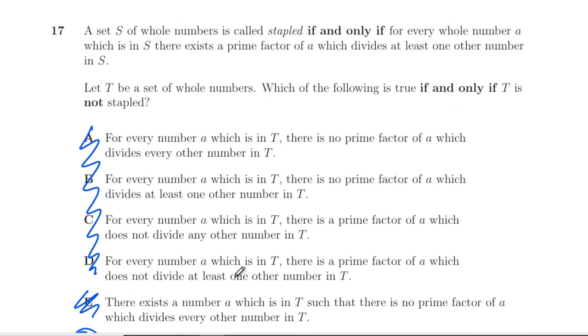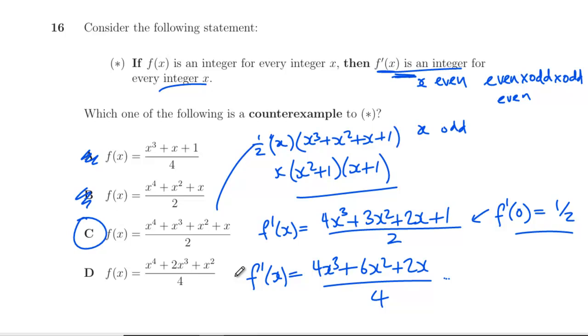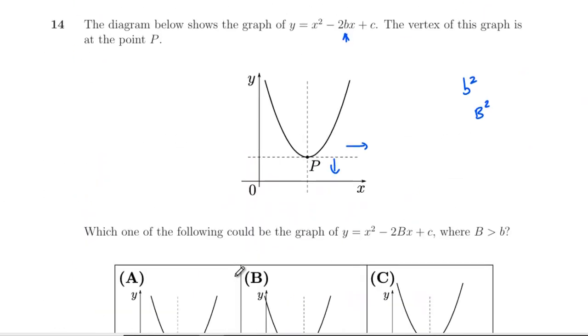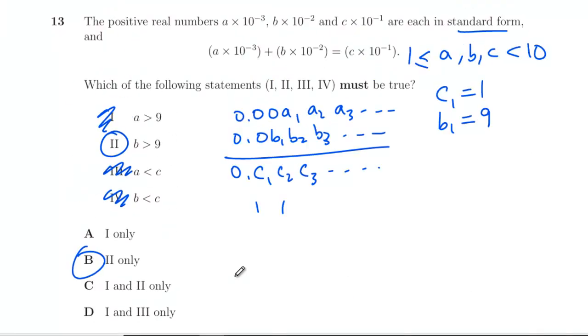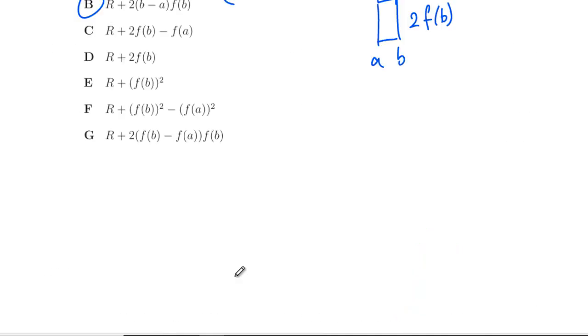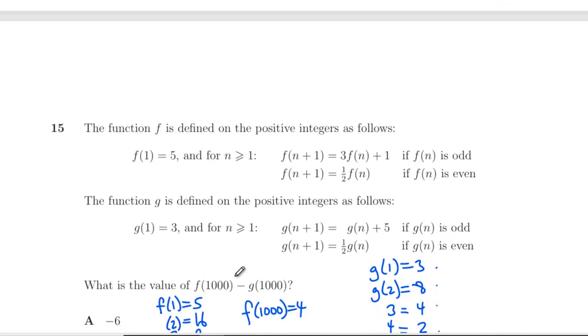The stapled took a bit of unraveling. Then 16 was fine. 15 was fine. 14 was really easy. 13 I think was the tough one. 12 was straightforward, and 11 was pretty straightforward. So I would say it was 13 and 17 were the nasty ones out of that block of 10.